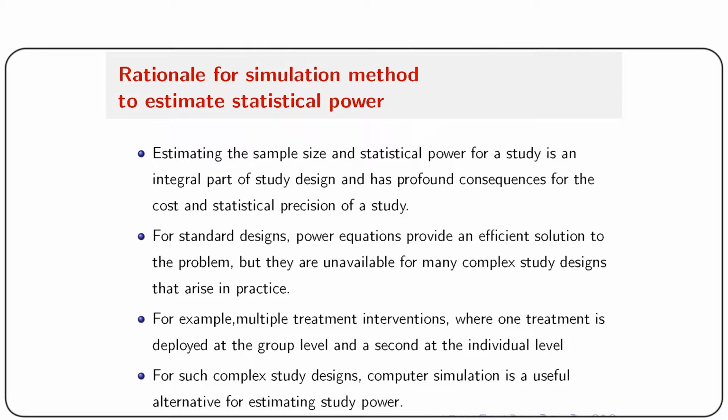The main message here is that for calculating the power or the sample size, you need a formula that is appropriate for that particular study design, and the formula varies over the different statistical tests required for the study design. So sometimes for a very complicated study design you may not have an available formula to calculate the sample size or the power.